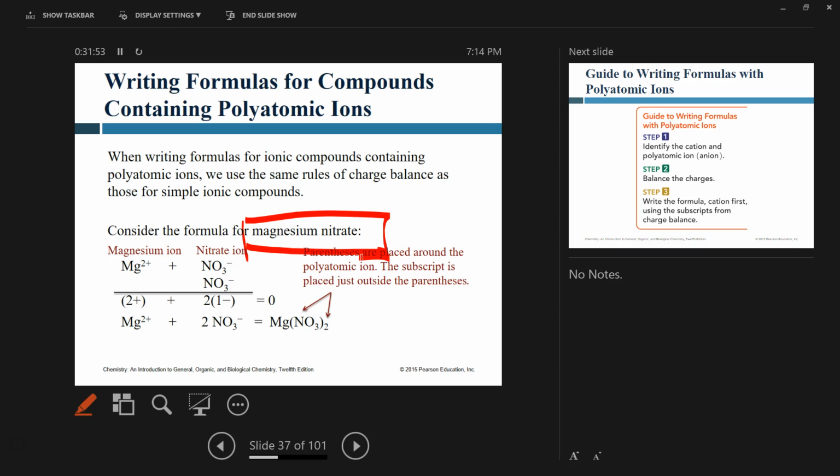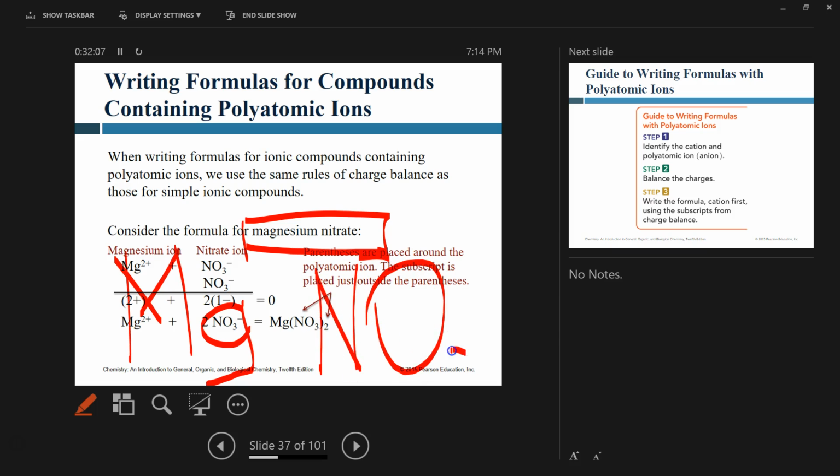First of all, let's just write down all the parts of all the atoms that will be in that compound. So it's going to be magnesium, right? And it's going to be nitrate anion. What's the charge on nitrate anion? -1.